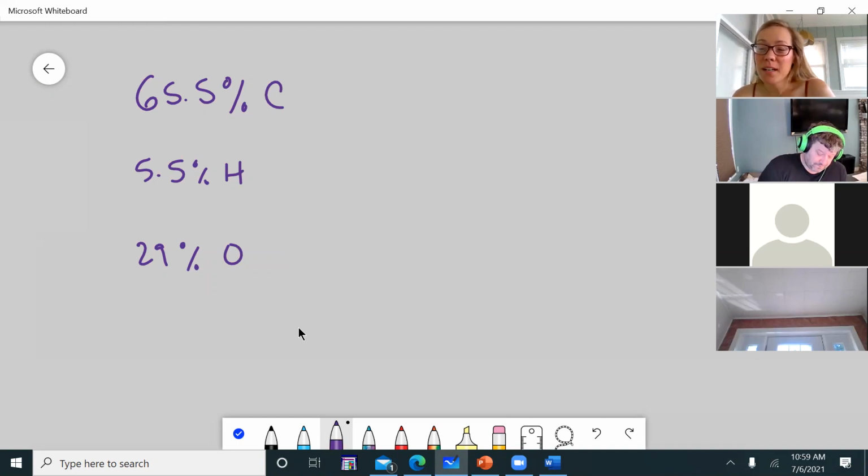So they didn't give us grams here. They gave us percentage. That is okay. We just assume a 100-gram sample, because if we had a 100-gram sample, these would all be gram values. So I'm going to right off the bat get rid of my percentages and just write it as grams.